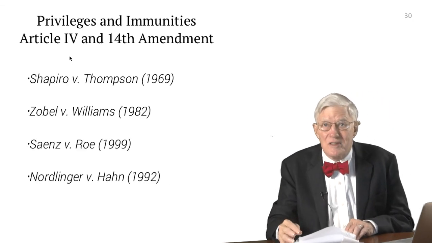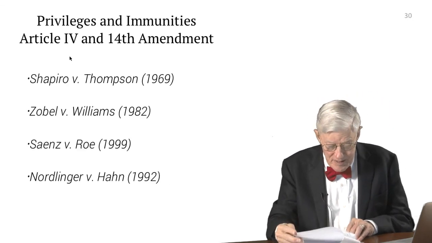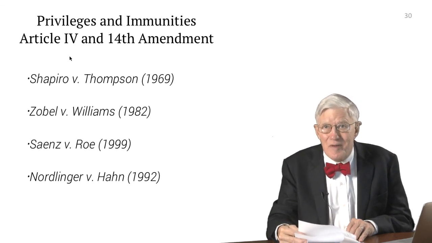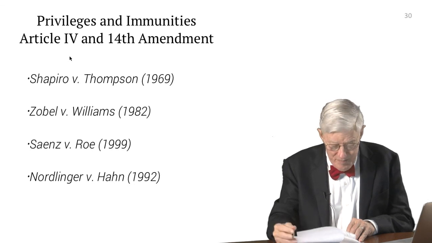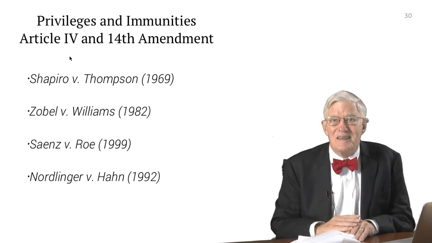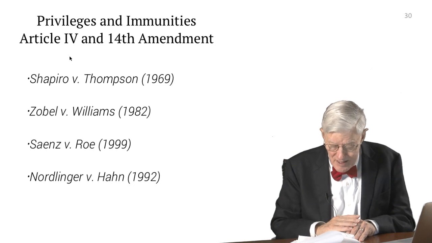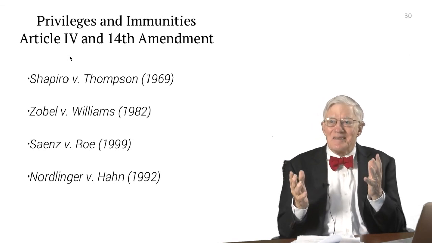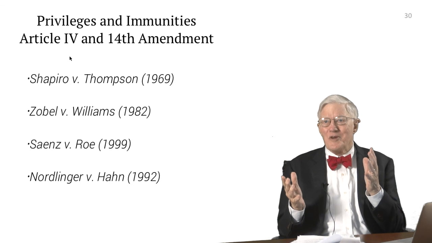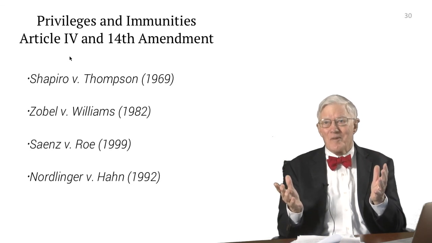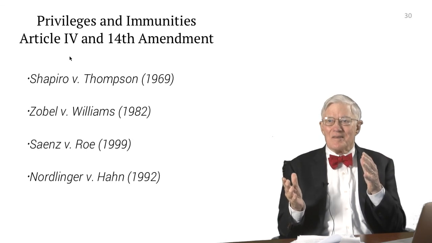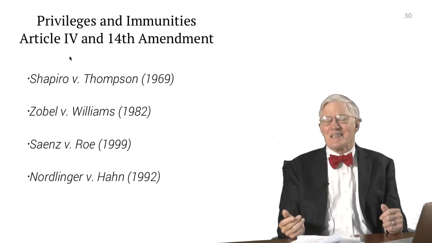And now several cases that deal with the Privileges and Immunities Clause, and these come up in very interesting contexts. I think maybe the most interesting might be the Zobel case. Zobel was the case that invalidated an Alaska plan to take the revenues that came from drilling permits for oil, which were very substantial revenue, and to distribute those revenues to Alaskan citizens.